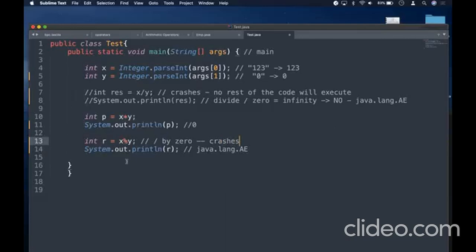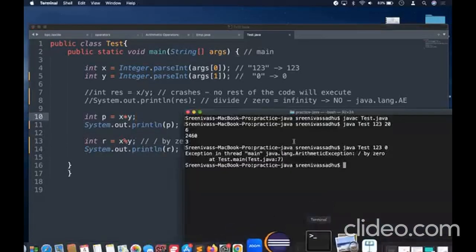Now here, what happens with x mod y? Here also division is going to happen, and then java.lang.ArithmeticException is going to get thrown, and your R is not going to get printed. But before that, you will have this particular outcome that is getting printed, because x is 123 into 0, which is 0. Let's now understand this one also.